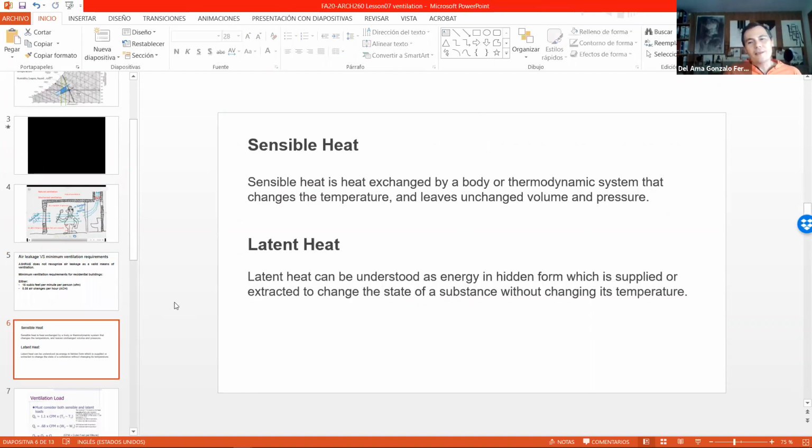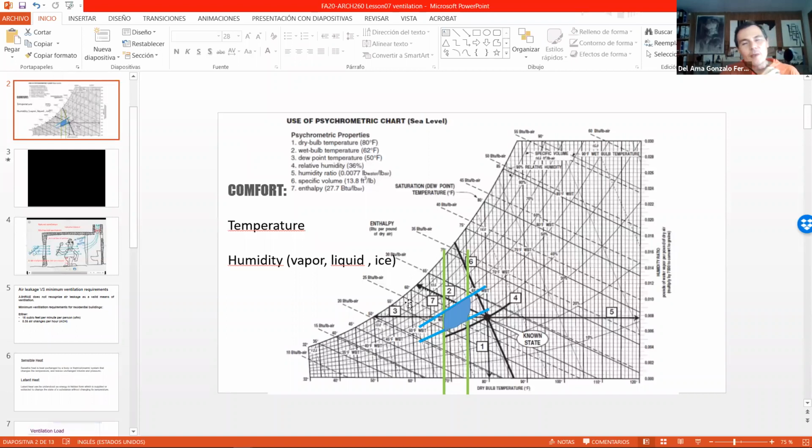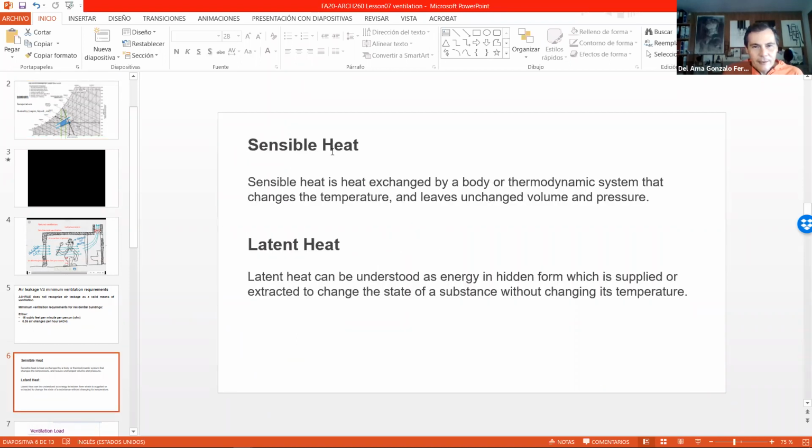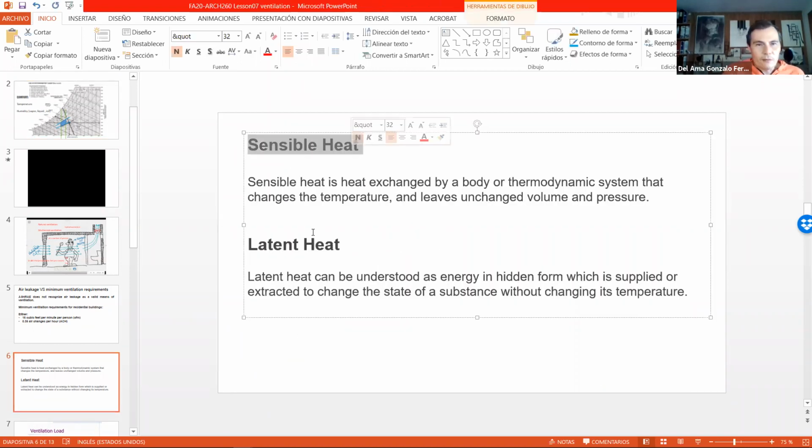Two more concepts: the sensible heat and the latent heat. To understand, it's very simple. That comes from the psychrometric chart. In this psychrometric chart, we are relating temperature and humidity. The sensible heat is the heat related to the temperature.